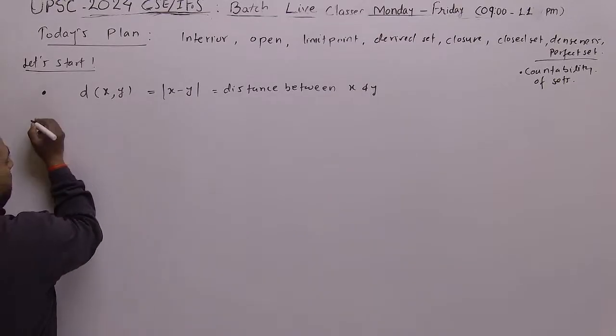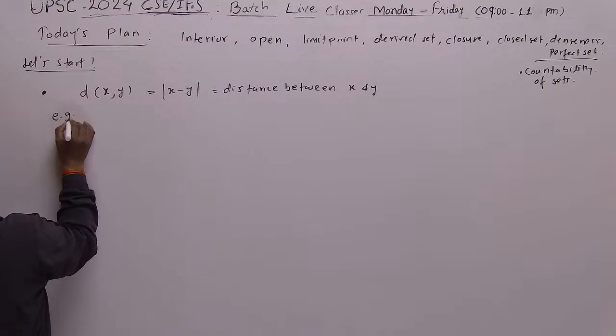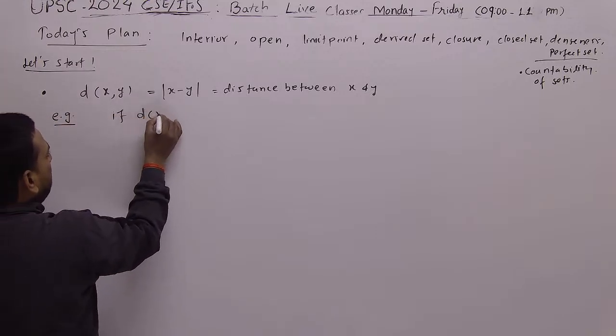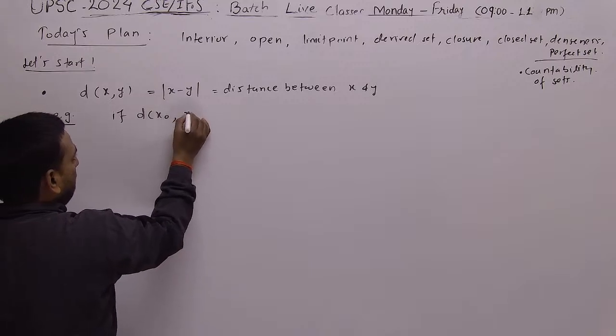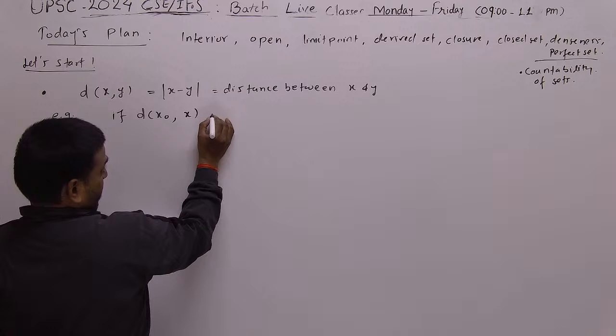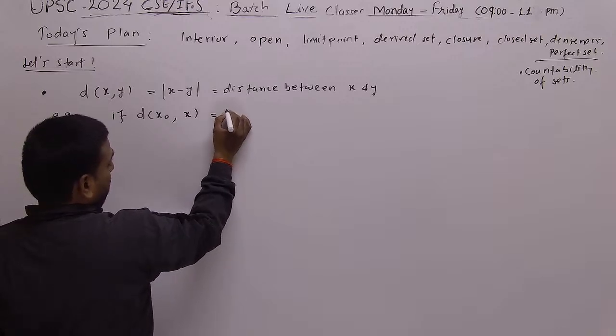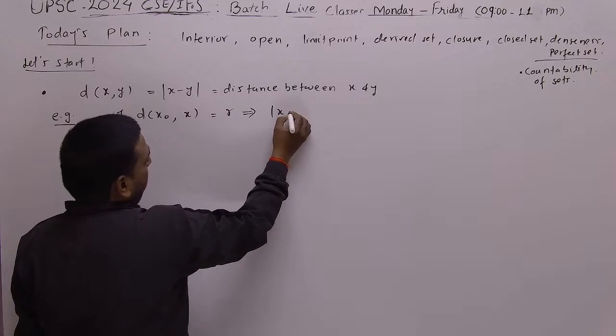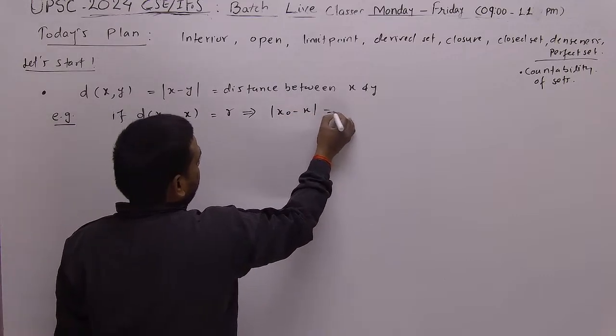For example, if I say d of x naught, x equals r, this implies modulus of x naught minus x is r.